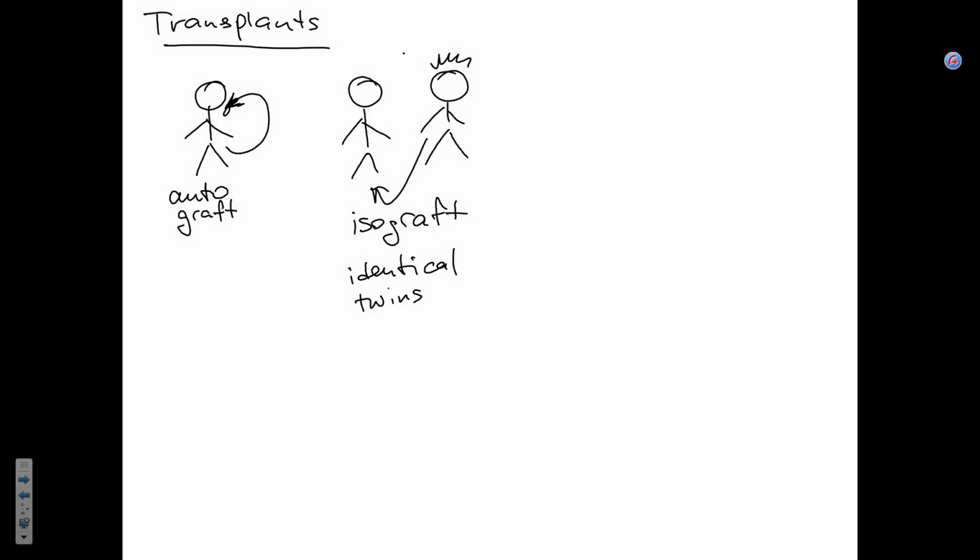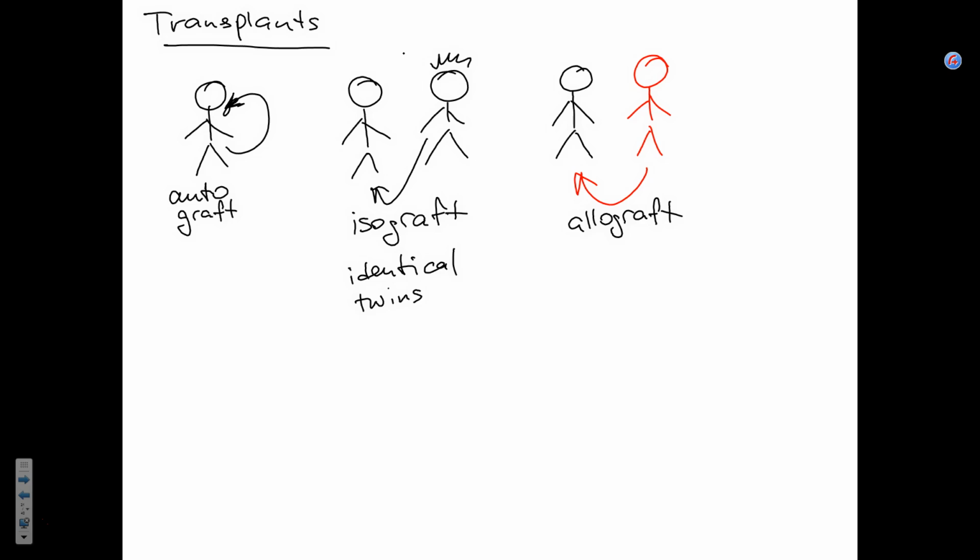The most common type is allograft. Okay? You have 2 absolutely different people, and one is a donor, another one is a recipient. That applies to any family relations. Mother, son, brother, another brother, if they're not identical.